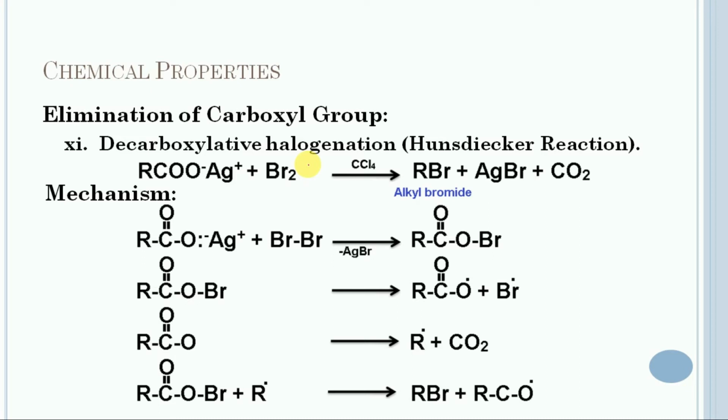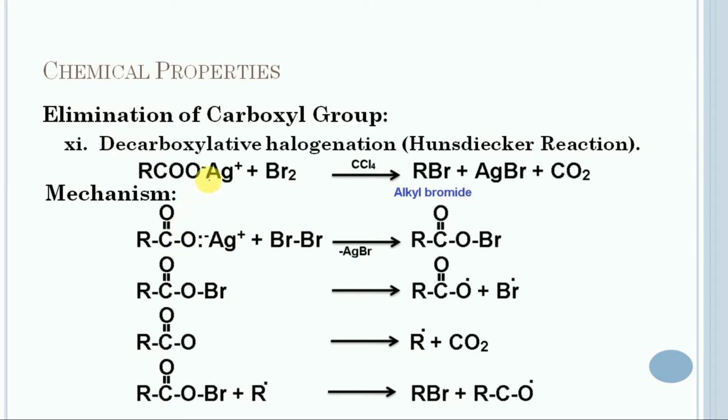The next reaction is decarboxylative halogenation, and it is also called Hunsdiecker reaction. In this case, silver salt of carboxylic acid react with bromine or iodine in dry carbon tetrachloride to form the alkyl bromide or alkyl iodide with the loss of the carbon dioxide.